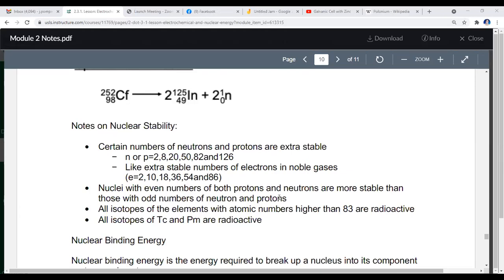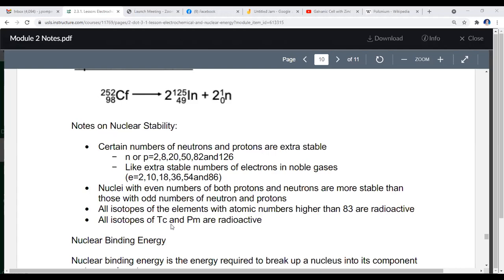If you proceed later in your physical chemistry, you will study in detail the numbers of protons and neutrons that tell whether your atom will be stable or not, or what possible type of emission it needs to gain stability. But nonetheless, class, if the protons and neutrons are even, it is more stable than odd.